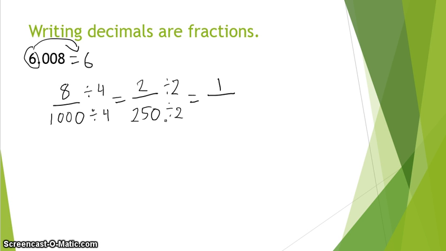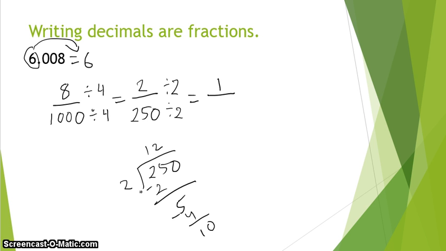And 250 divided by 2, if you need to, you can go and do it on the side. So 5 divided by 2 will give me 2. And then minus 4, bring down another 0. That's a 5. So 1 over 125.